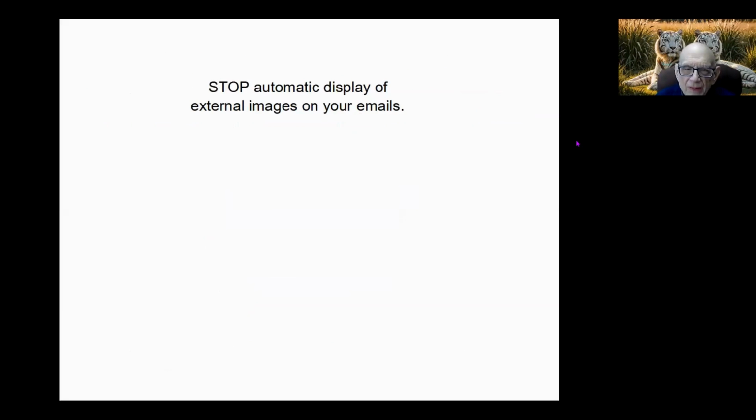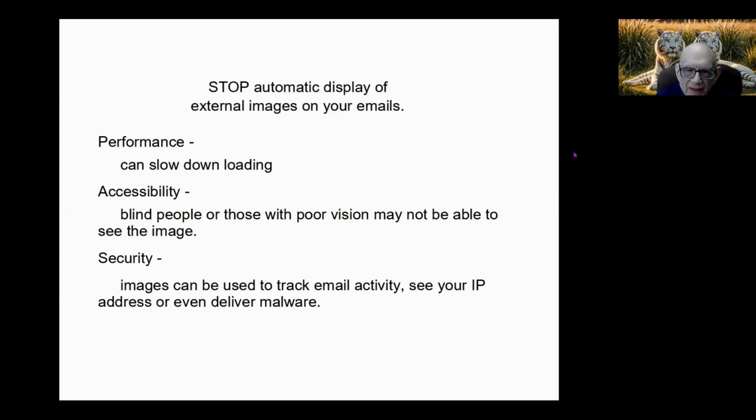We want to also caution you to stop automatic display of external images on your emails. Again, this is in settings, and it can slow down your performance, and it is a potential security problem because it can track your email activity and even deliver malware, hidden code in that image.